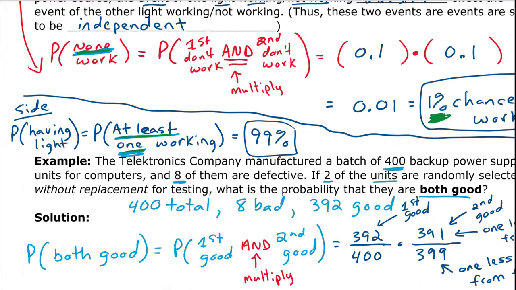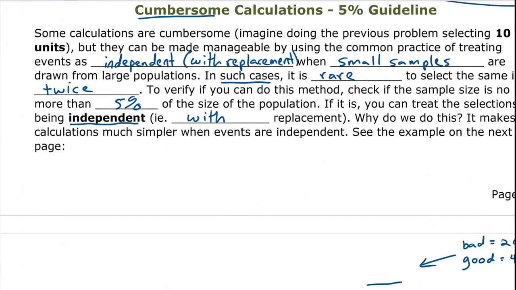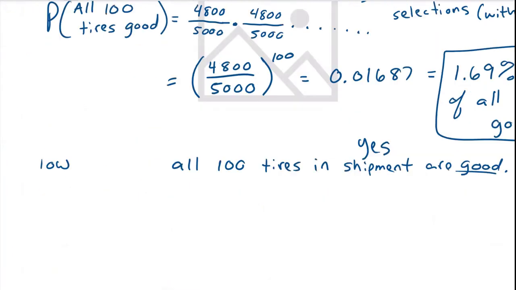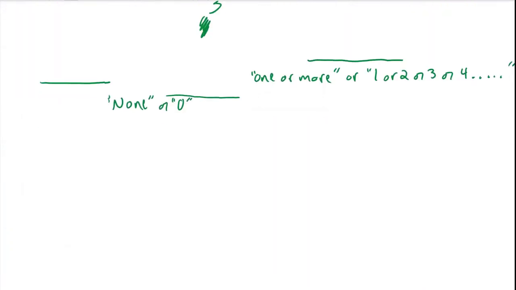And we said it was 99%. Well, how are these two ideas, at least one and none, connected to each other? They are complements of each other. We looked at that last week just a little bit, hinted at it, but this week we're going to put it together and utilize it in this very last section of notes.